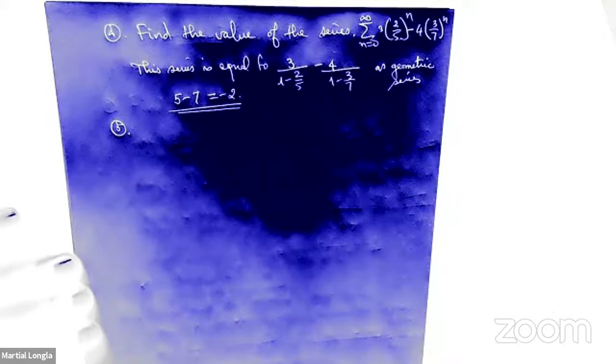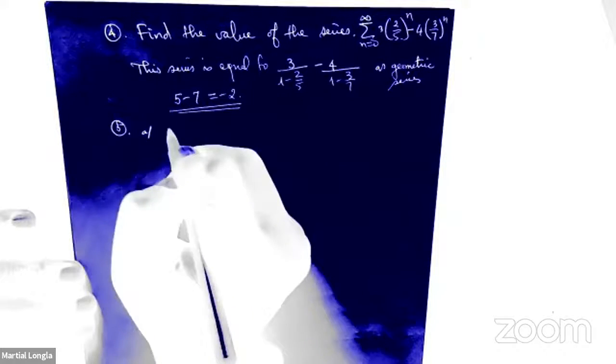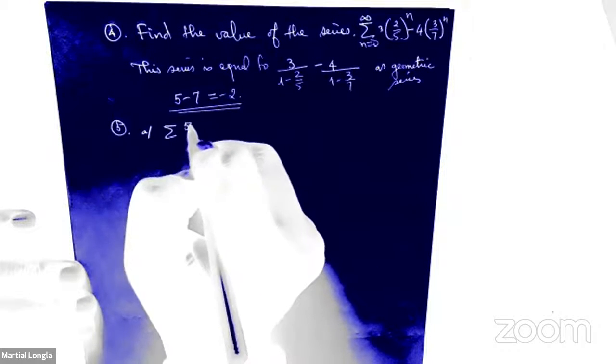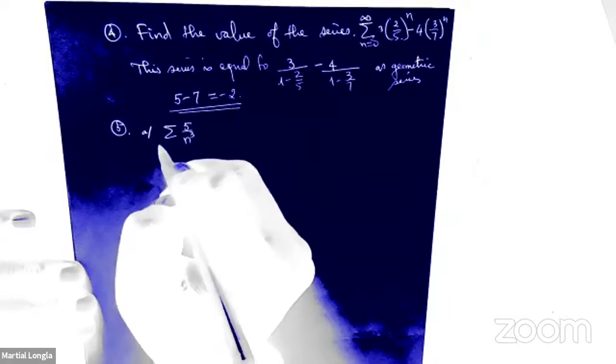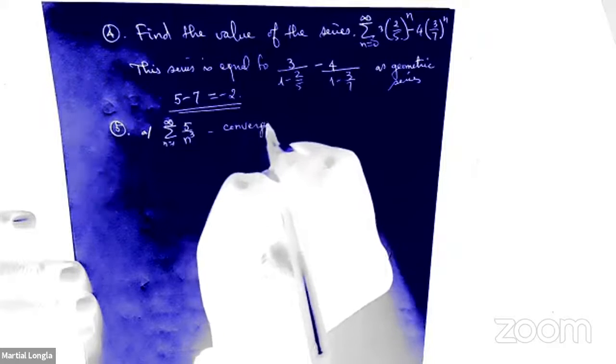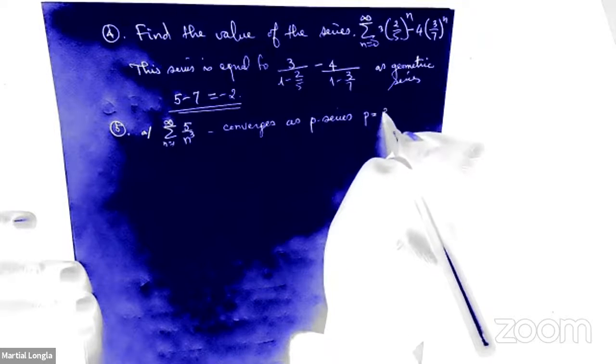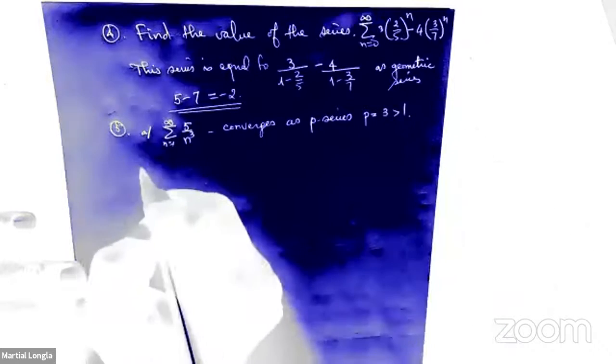And then question 5, decide whether the series is convergent or not. So sum 5 over n cubed, from 1 to infinity, converges as a p series, p equals 3 larger than 1.